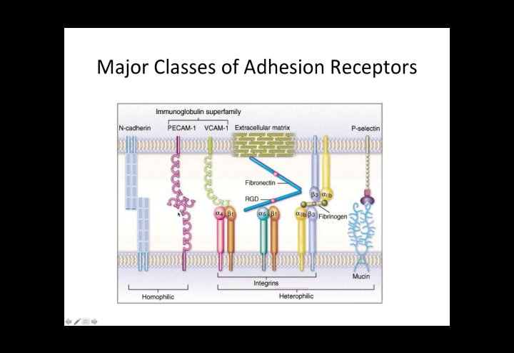So there are lots of different ways to form that Velcro between one cell and the other cell. So cadherins are homophilic. The immunoglobulins can be either or. It's shortened to CAM, so it can be one CAM to another CAM, or it can be an integrin to a CAM. We talked about integrins, and then selectins bind to mucin or other glycoproteins on the other cell.